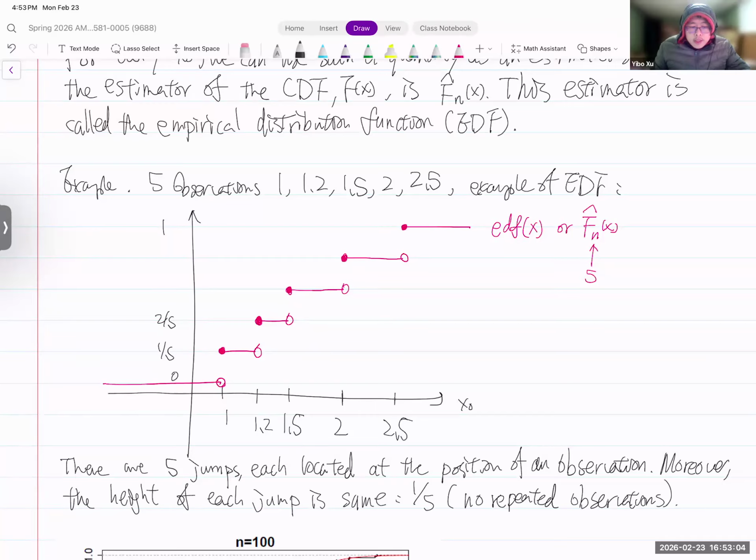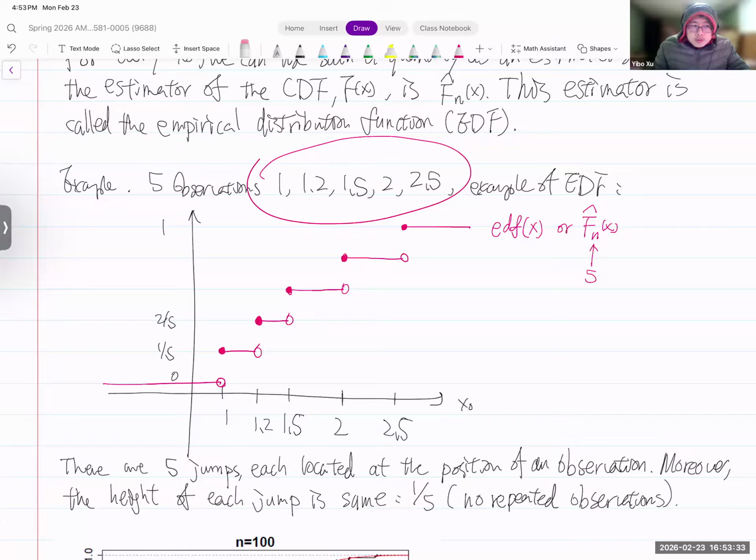Constructing this kind of EDF, I would like to say that since the data are sorted, the construction is relatively easy. But if the list is not sorted, then you would have to sort it in order to construct the EDF out of the data.